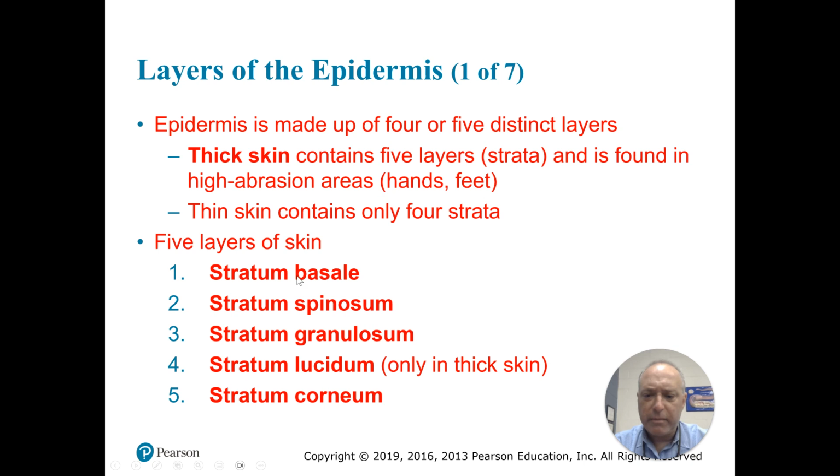You've got stratum basale, stratum spinosum, stratum granulosum, stratum lucidum, and stratum corneum. This is thick skin. And thin skin is going to have stratum basale, stratum spinosum, stratum granulosum, and stratum corneum. It doesn't have the stratum lucidum. This is only present in thick skin.